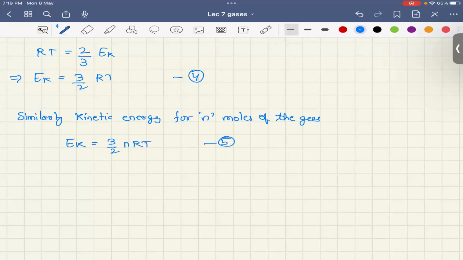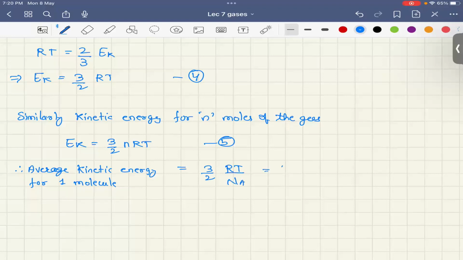This is expression 5. Hence, the average kinetic energy per molecule can be obtained by dividing both sides of this equation by Avogadro number. Therefore, average kinetic energy for one molecule is going to be 3 by 2 RT by Na, which is nothing but 3 by 2 kBT, where kB is called the Boltzmann constant, and its value is R by Na.